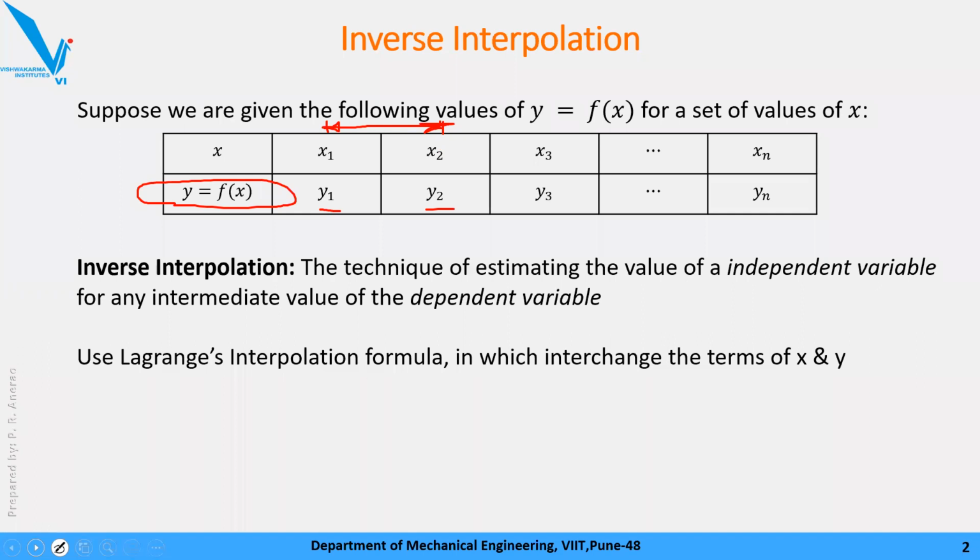Simply, we need to change the x terms with y terms in the Lagrange's interpolation formula. That's it. जहां जहां पे भी आपको फॉर्मूला में x दिखाई देगा उसकी जगह y लिखो, y जहां पे होगा वहां पे x लिख दो, and you follow the same procedure as for normal Lagrange's interpolation.